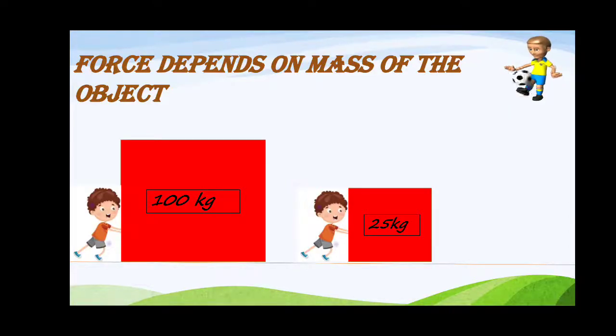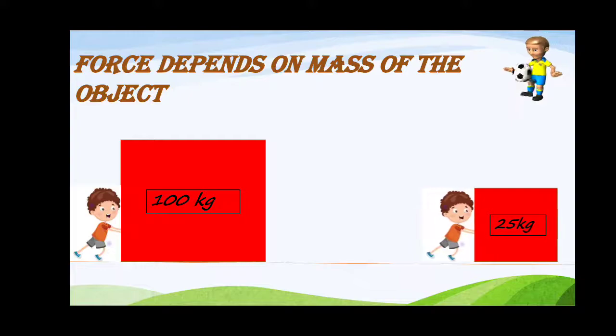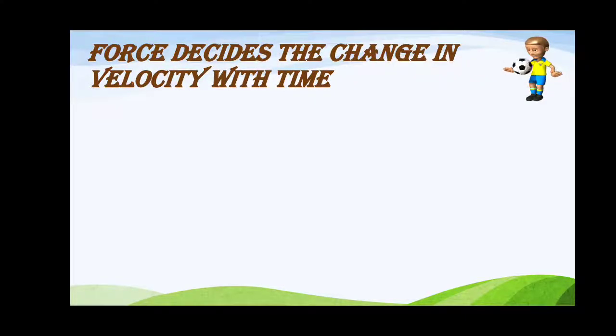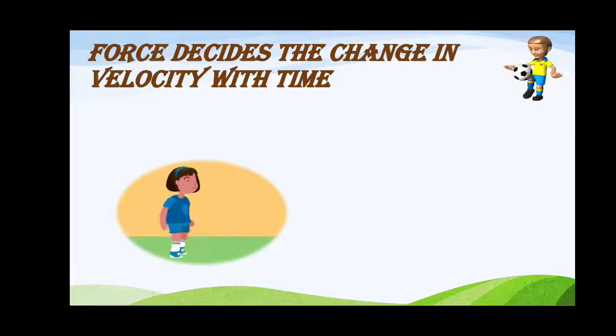So the small boy is able to move a 25 kg mass, but he is not able to move a 100 kg mass. Why? Because a 100 kg mass needs more force to be applied. And in the second case, you see here, force decides a change in velocity with time. Here you see a small girl kicking a ball.